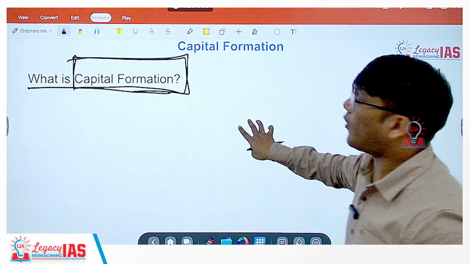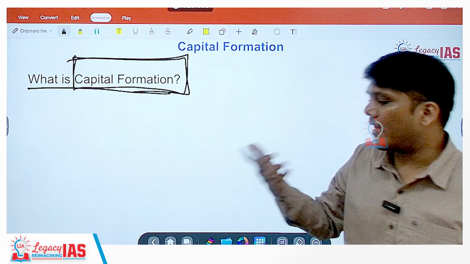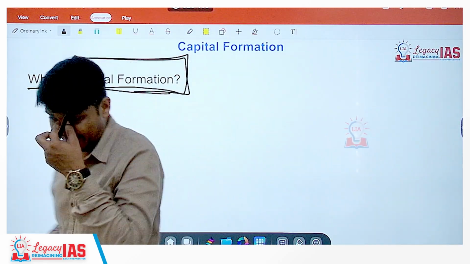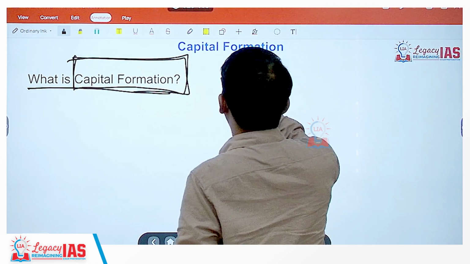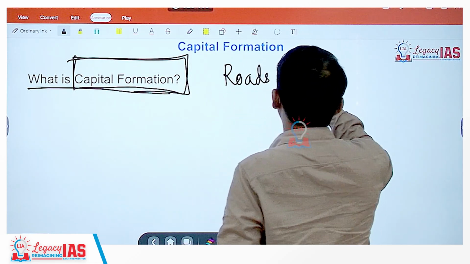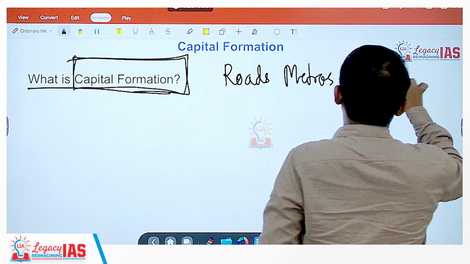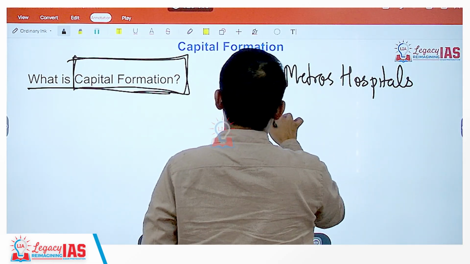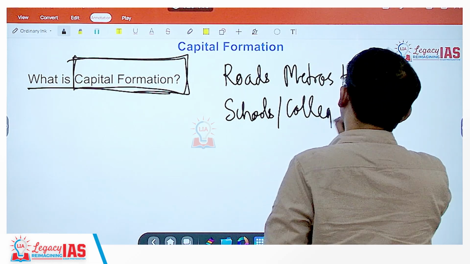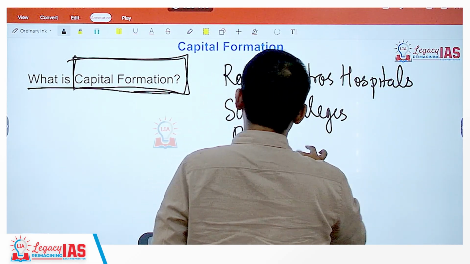And that is very important. Why is it important? It is important simply because when there is capital formation, let's say in the form of an asset, what can that capital asset be? It can be your roads, your metros, your hospitals, your educational institutes, as in schools, colleges, runways, railways, and so forth.